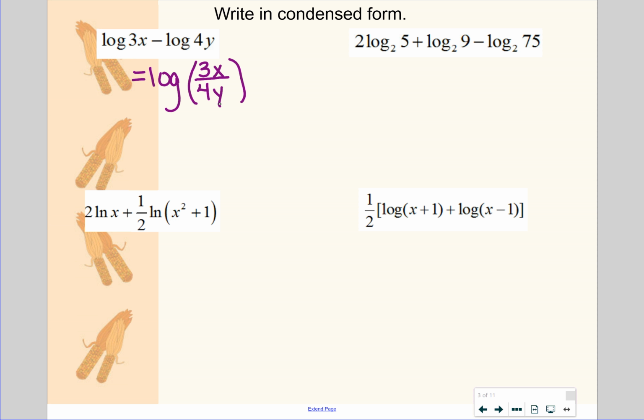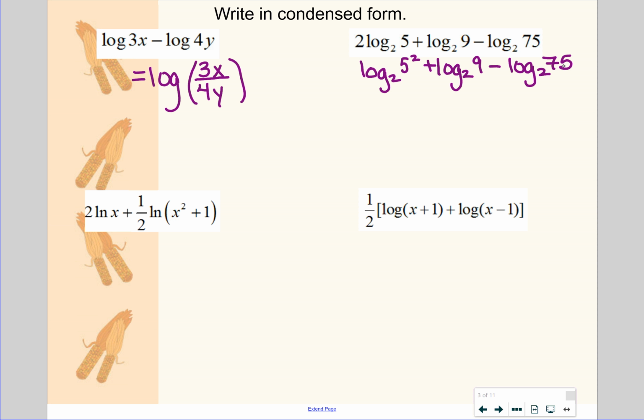Order of operations, you do parentheses first, which we don't have any. The next thing you deal with are exponents, which I don't have any right now, but I can make something an exponent. That 2 in front, I can move and make it a power on the 5. So I'm going to do that. Log base 2 of 5 squared plus log base 2 of 9 minus log base 2 of 75.